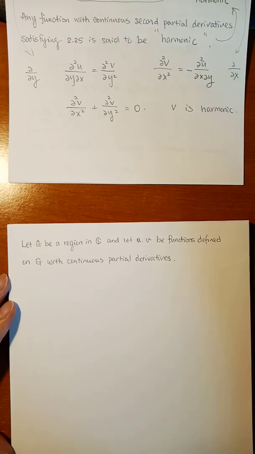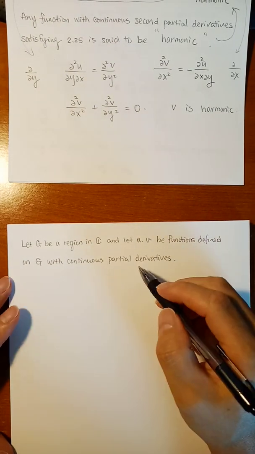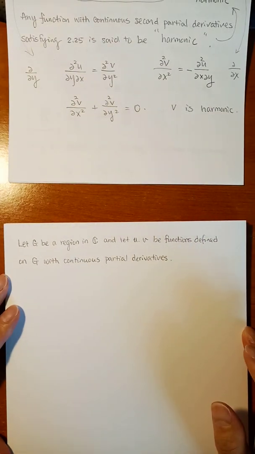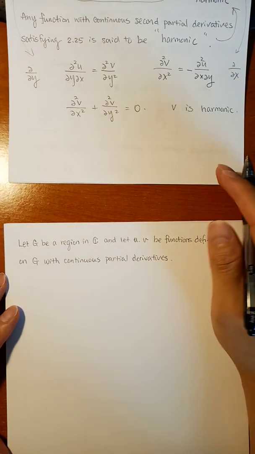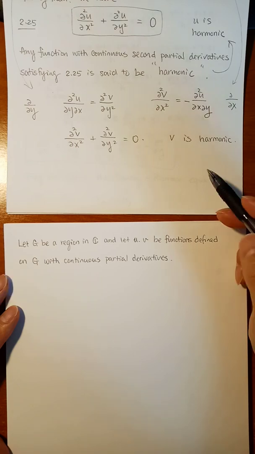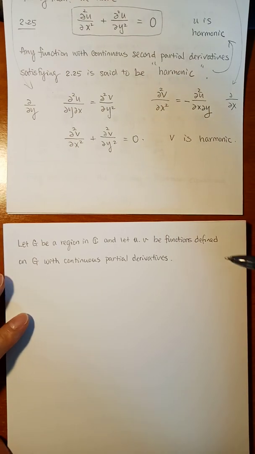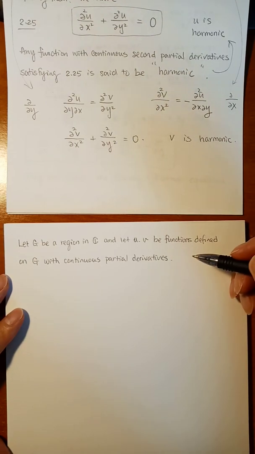U and V will be the real and the imaginary part of our analytic functions. And we just discovered that if we have analytic functions, U and V must satisfy the Cauchy-Riemann equations.